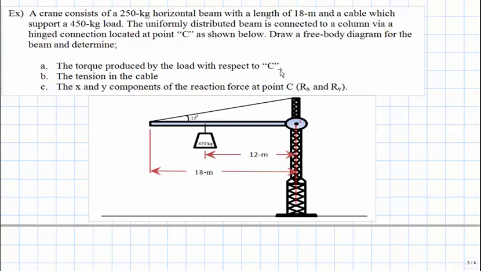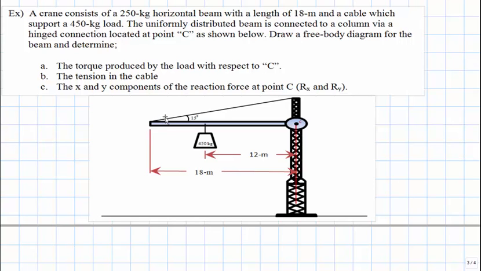Let's first of all note that point C is located right here at the hinge. This is the beam's center of rotation. Of course, the beam is free to rotate about this center of rotation. The beam has a mass of 250 kilograms, which means that the beam has a weight, and that weight needs to be represented in the free body diagram for the beam. Also, the beam supports a 450 kilogram load, which is located right here, and there's a tension connected to the beam, which helps to maintain the beam's static equilibrium.